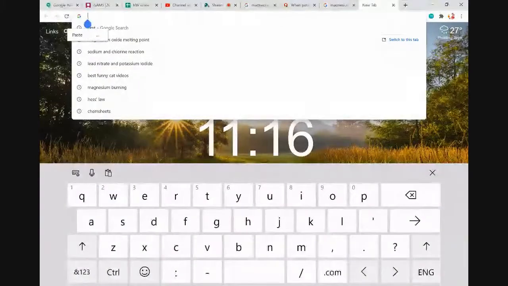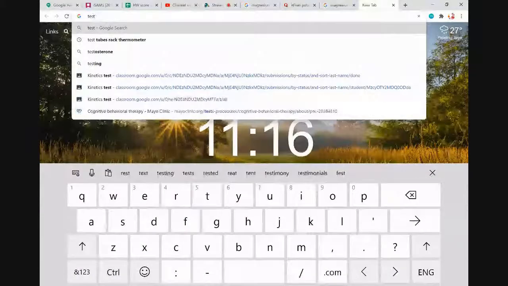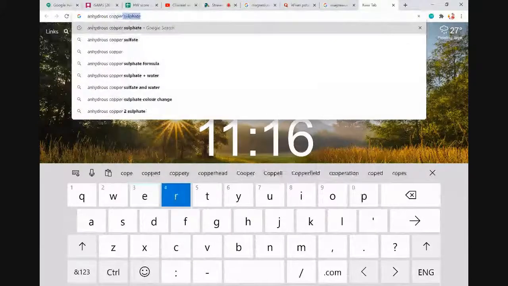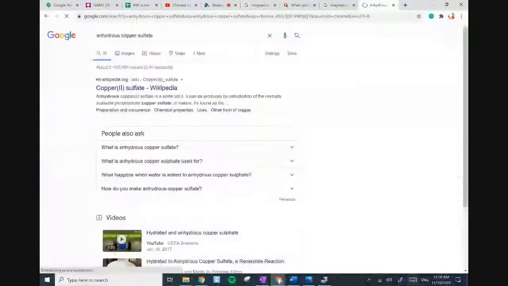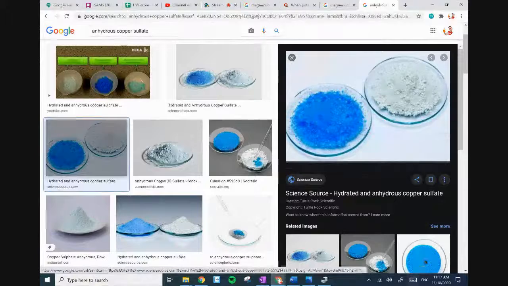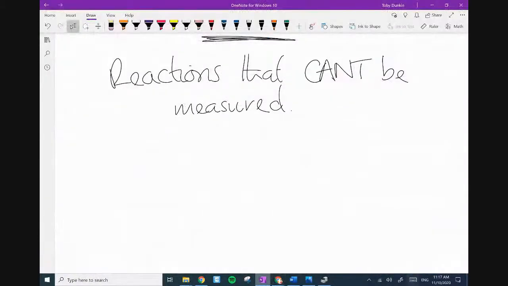So the test for water is anhydrous copper sulfate. And this is nice for us to do a bit of a recap on this. Anhydrous copper sulfate is the white one. So we can do test for water, bullet point.